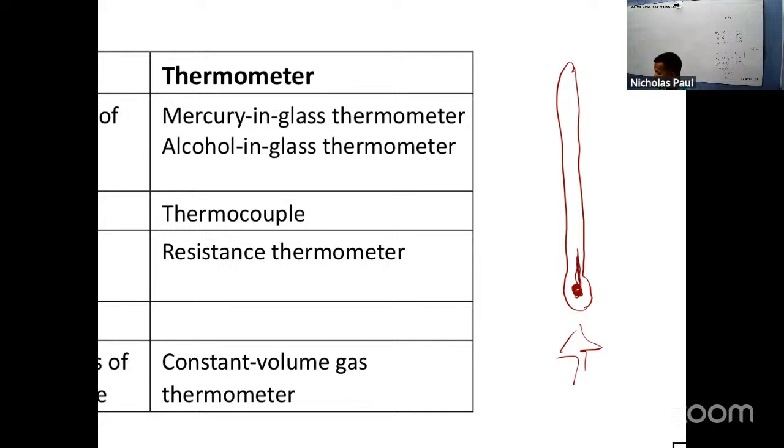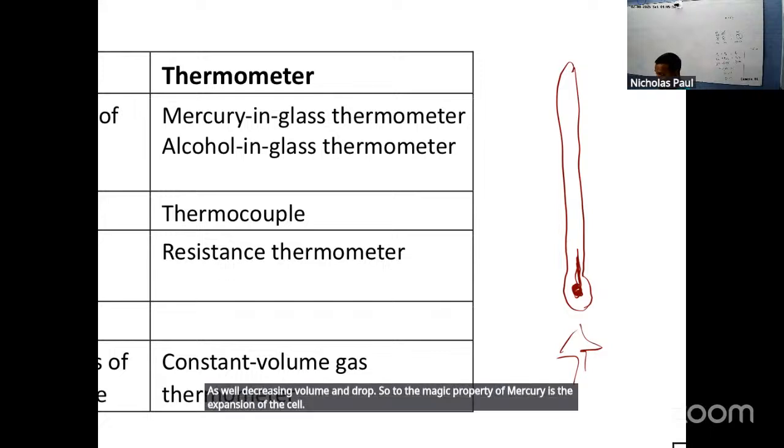Because of the heat. Right, so the mercury expanded. When you heat mercury, mercury expands, so it will increase in volume. And when you cool mercury, it will decrease in volume and drop. So the thermometric property of mercury is the expansion of itself, or its change in volume.